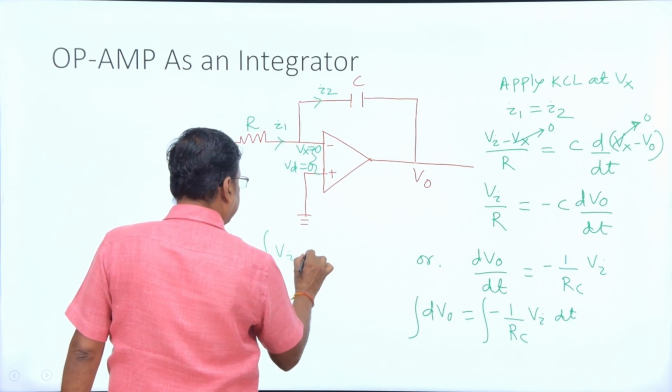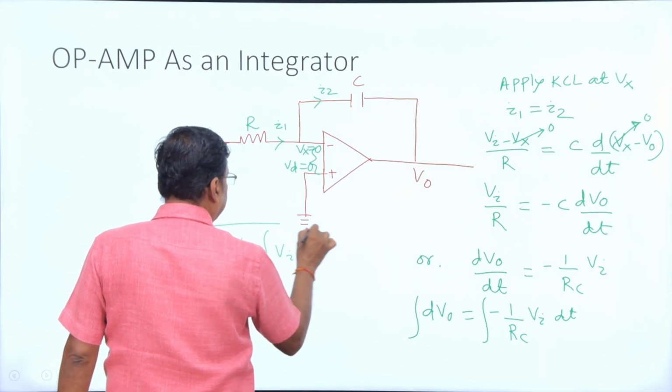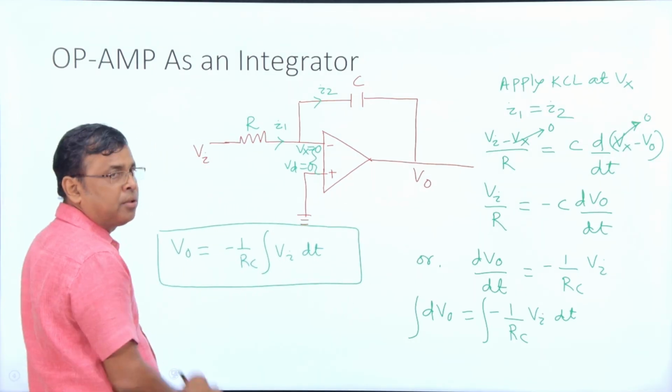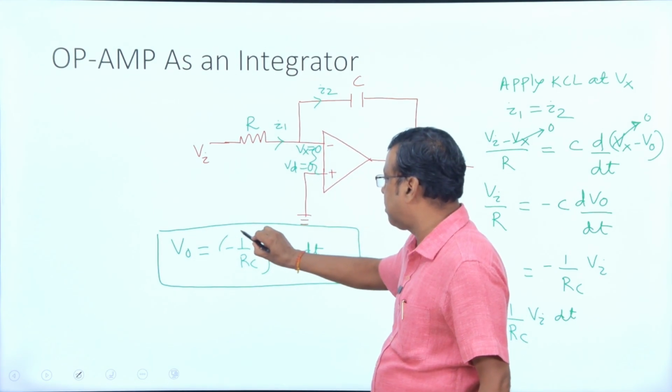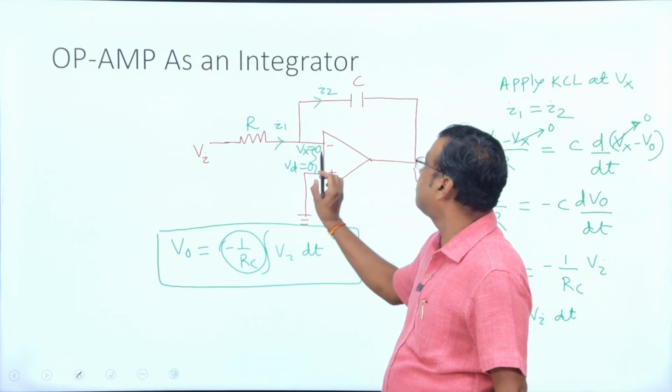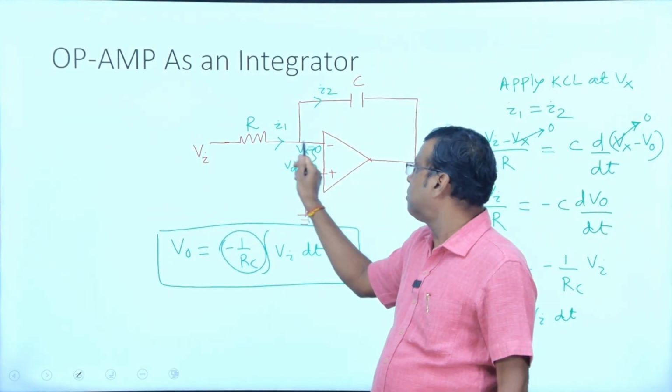What do you observe? The output voltage equals minus 1 by RC times the integral of Vi dt. The minus sign appears because I am applying the voltage at the inverting terminal.